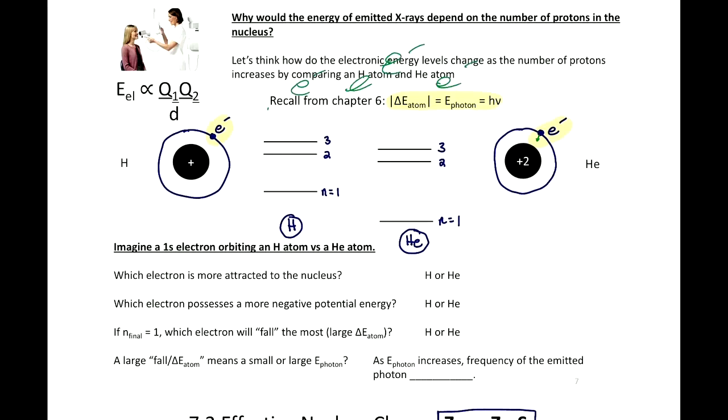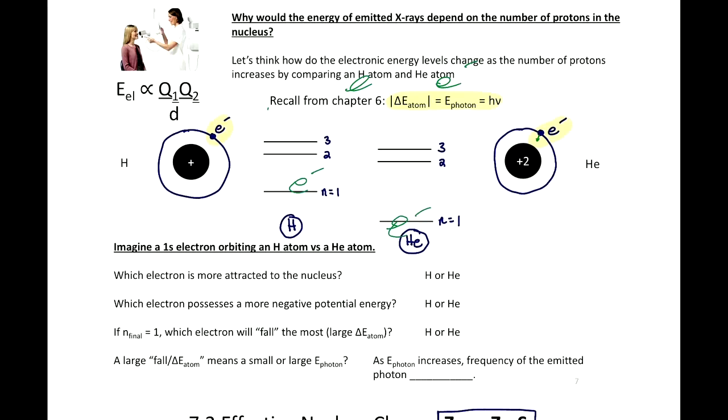It's only when these electrons fall back down that light is emitted. So which electrons fall further? The helium electrons, right? Because for hydrogen, this is the lowest the electron can fall, but an electron on a helium atom can fall much lower to its n equals 1, because that energy level is lower in potential energy.